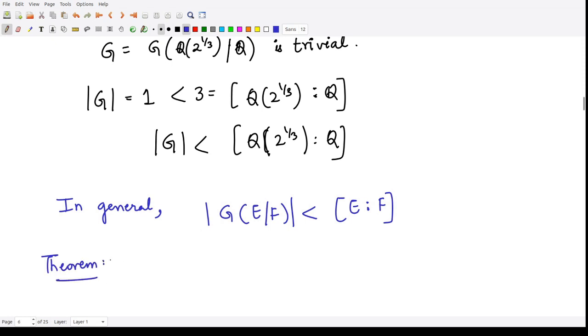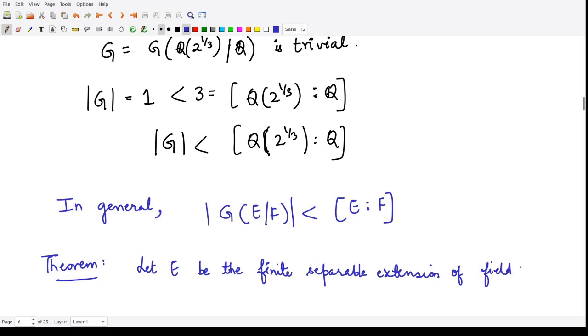Let us just define the statement of the theorem, which says that let E be a finite separable extension of field F, then the order of G defined for E over F is always less than or equal to the degree of E over F. So this is the statement of the theorem, which we shall prove later on. So I hope this is clear to you all.